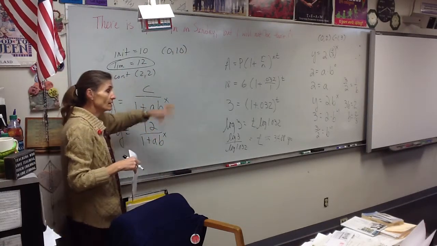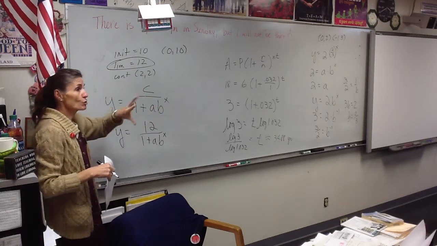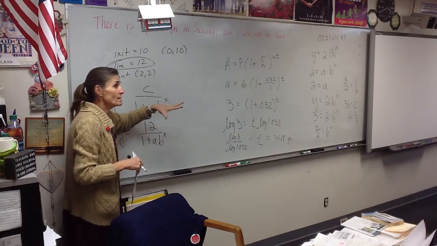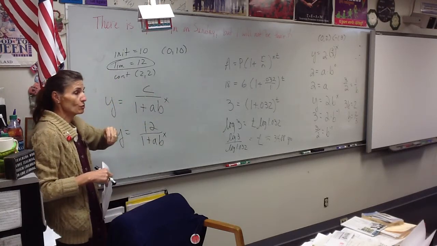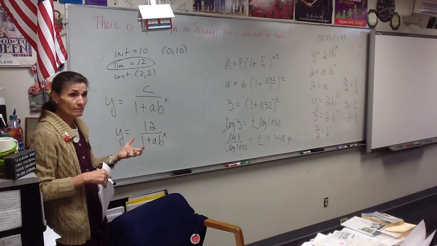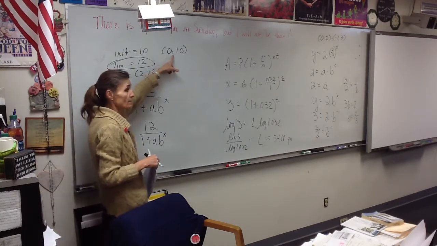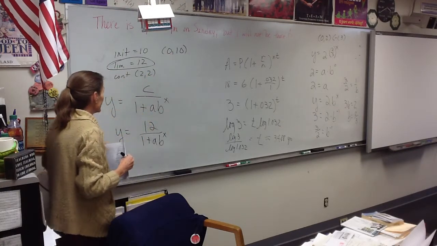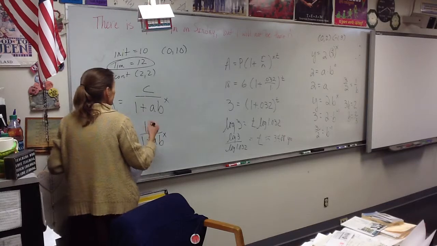Remember, in the logistic problems, almost always the exponent is time. So if we said the initial value, that would be when time is 0. That's your y-intercept, when x is 0. So let's plug that point in and see what happens.